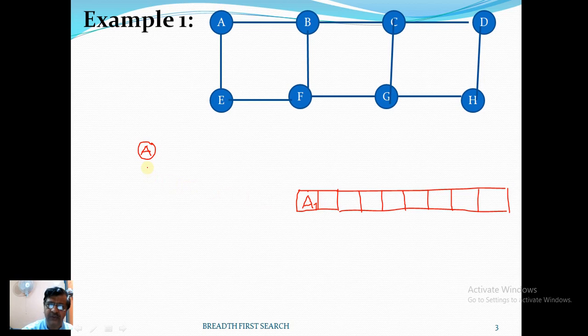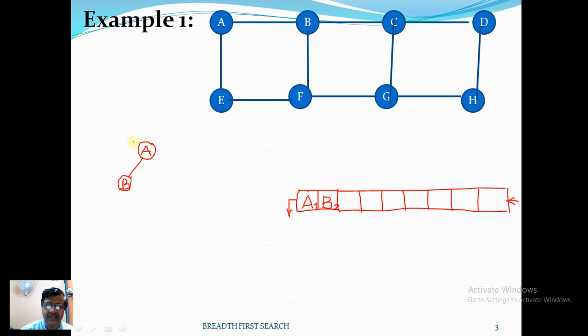And the algorithm looks around for directly connected vertices. B is directly connected, E is directly connected, and B and E are therefore the immediate neighbors. So it visits B, marks it as visited, and enqueues B. So B is the second vertex to go into the queue, and you should remember that entry into the queue is from the rear side, and exit out of the queue is from the front side.